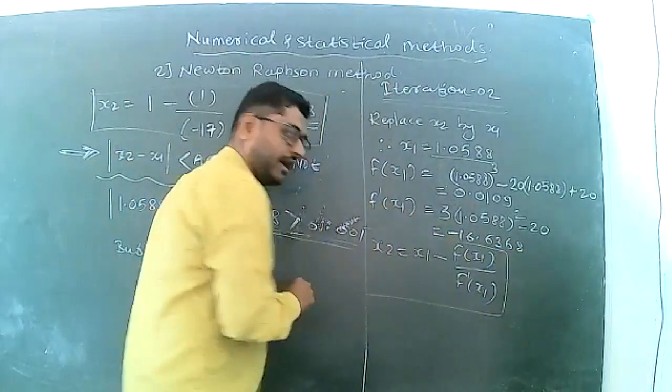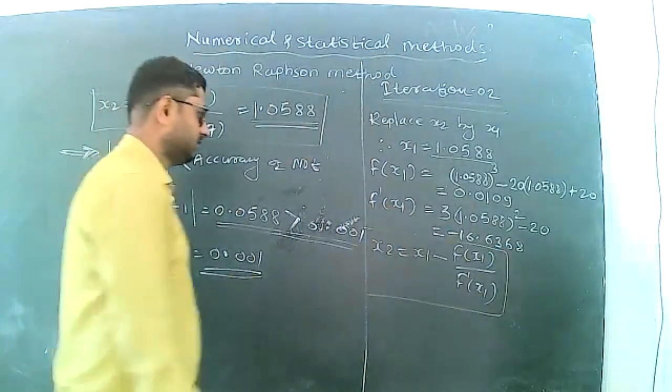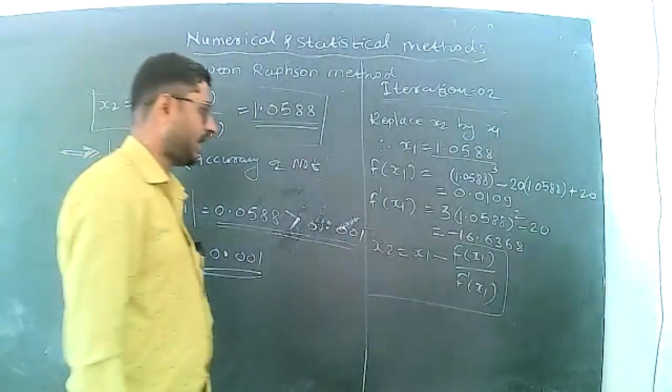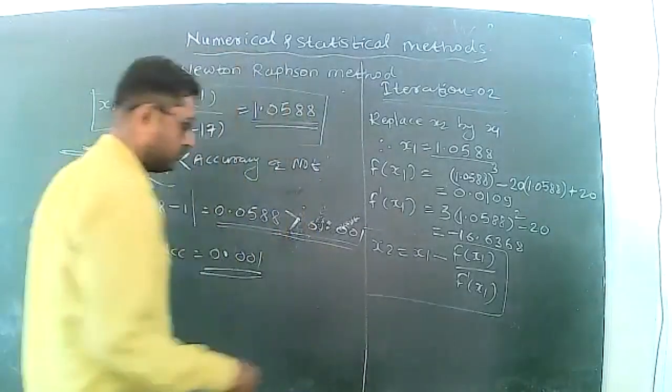After calculating f of x1 and f dash of x1, find the root x2. x2 is x1 minus f of x1 upon f dash of x1.